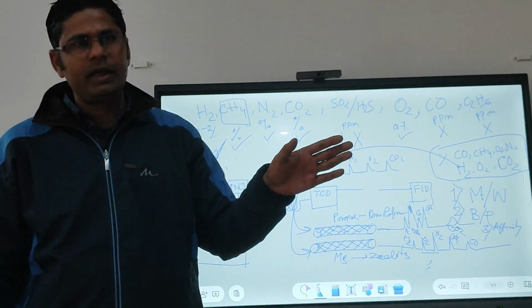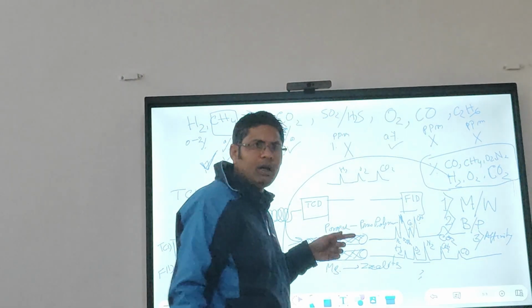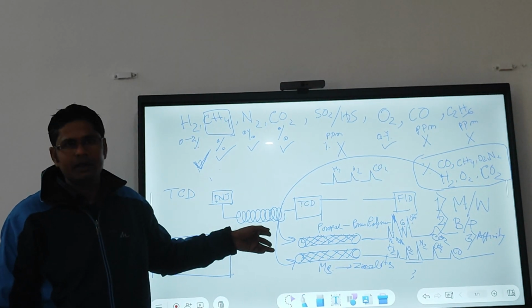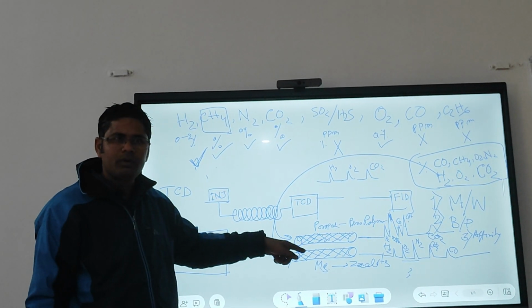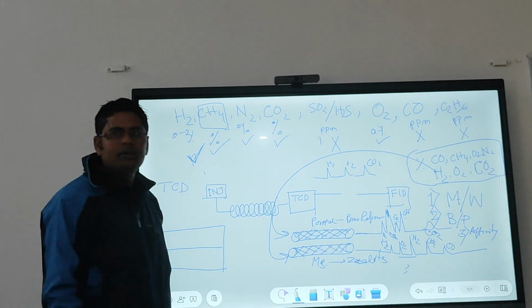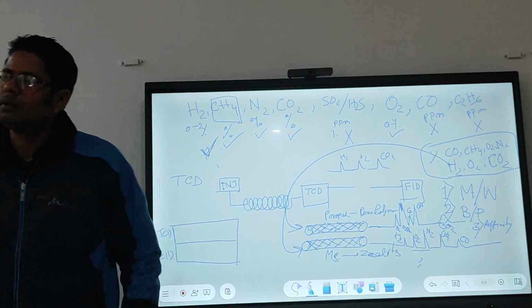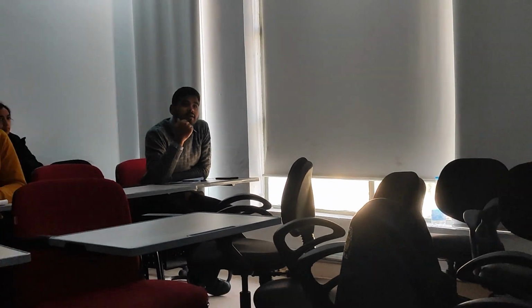It can detect everything. So how does the column work? Now I am explaining column related things, and which column to be used. Same person doing different columns and the sample is same. You need to know about columns.